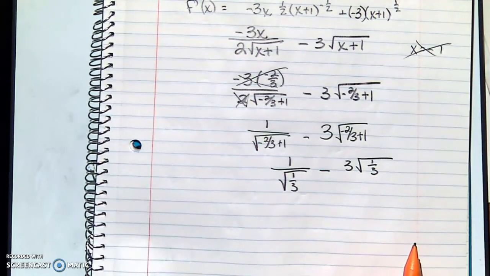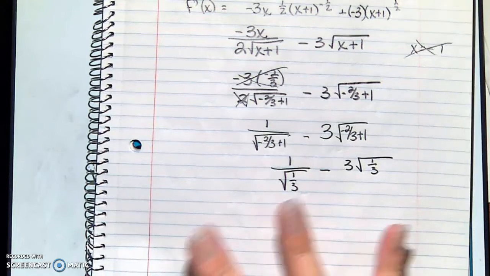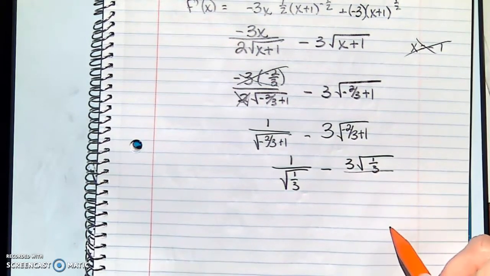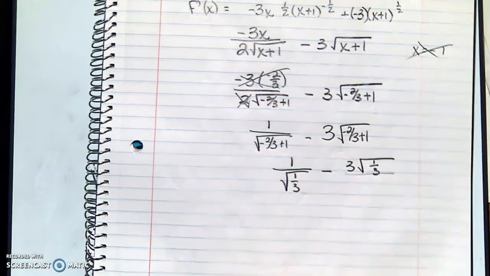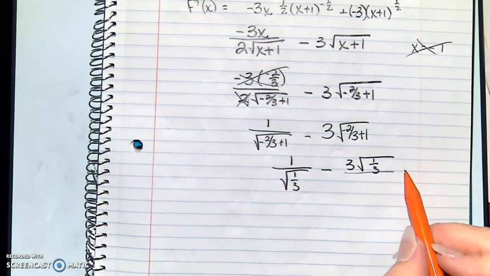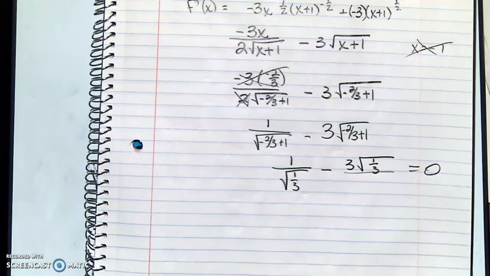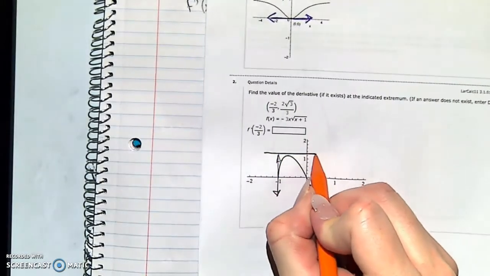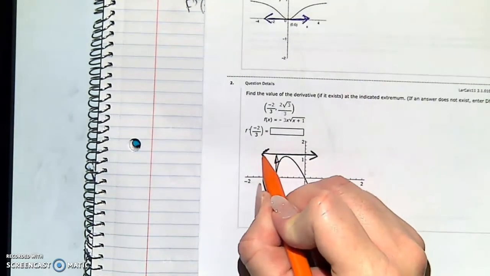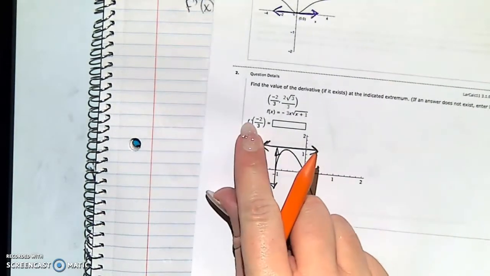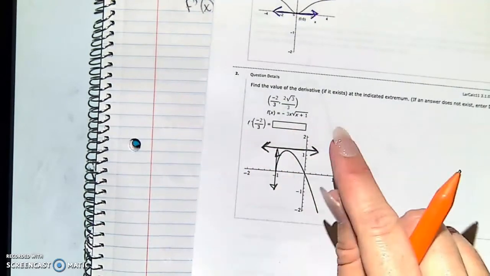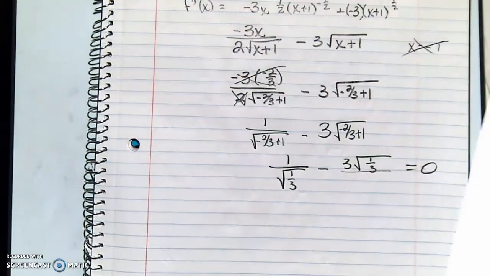If I get a common denominator, I can multiply top and bottom by root 1/3, or I can clear my equation of fractions. Either way, what you're going to end up getting is a 0 there. So what does that mean? Come back over here. At negative 2/3, you have a horizontal tangent line. So the value of your derivative, which is the formula for slope or instantaneous rate of change, is going to be 0. So I'm going to let you do that part.